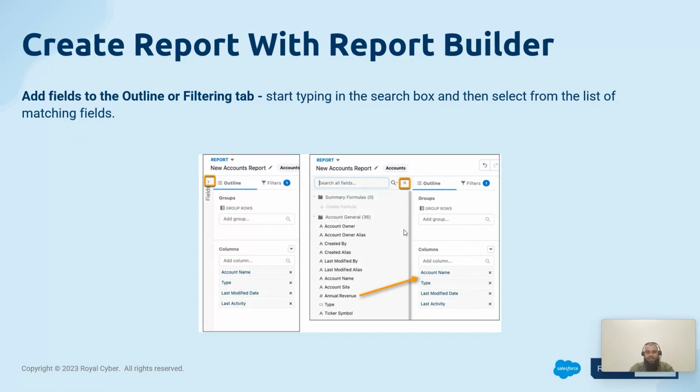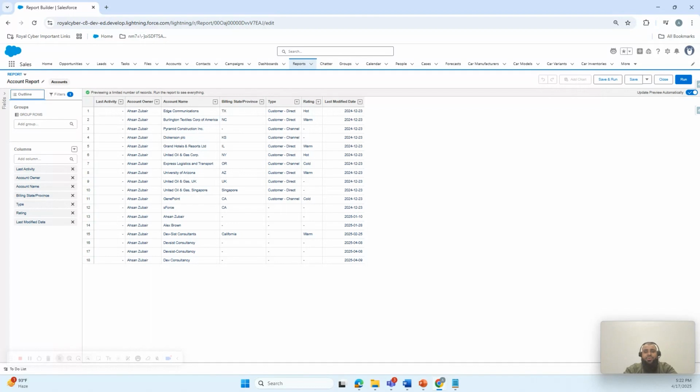Let me explain. Let's go to the environment. The Outline tab lets you group the reports by rows, summary report, or rows and columns, matrix report. We will explore these options in our video.